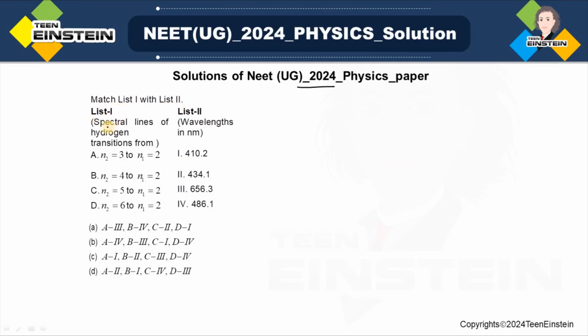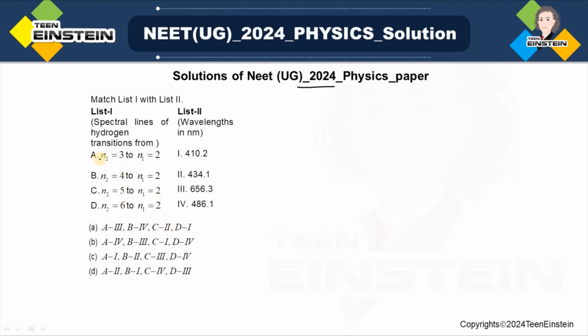List 1 gives you the spectral lines obtained for hydrogen atom when electron has a transition from one particular level to another particular level, and list 2 gives the wavelength of the radiation emitted due to that transition in nanometer. So you have to find out which wavelength corresponds to which transition given in list 1.